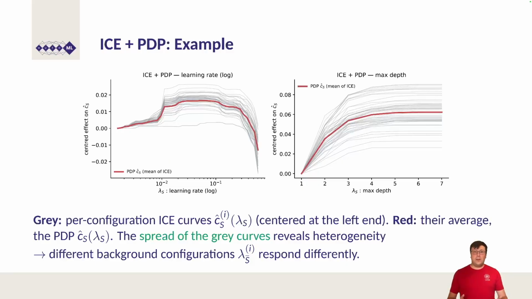The diagnostic content is the dispersion of the ICE bundle. Where the gray curves fan out, the response to this hyperparameter depends strongly on the background configuration, a signature of interaction that the average PDP conceals. This is why ICE and PDP should be read together, not the PDP alone.